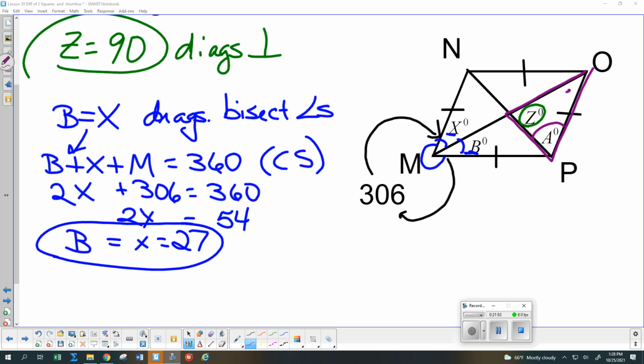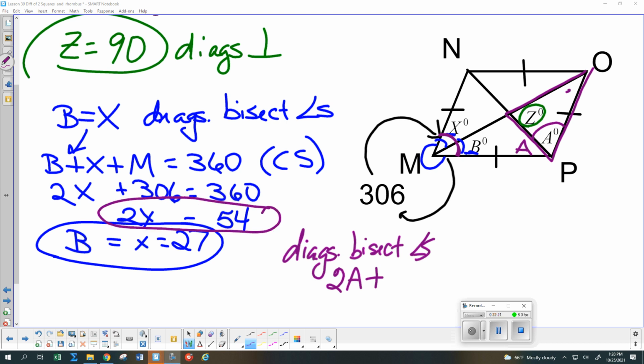2A, okay. So we could say this is also A because diagonals bisect the angles. So then that means this whole big angle of the original P would be 2A. So 2A plus, and we know this is 2X or 2B, and we know 2X is 54.